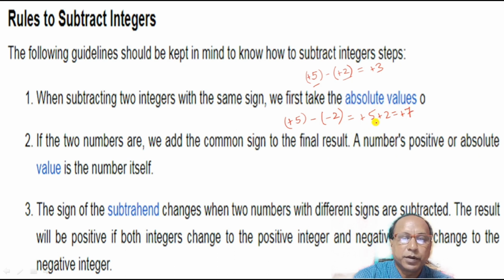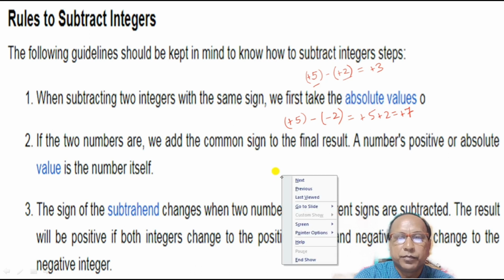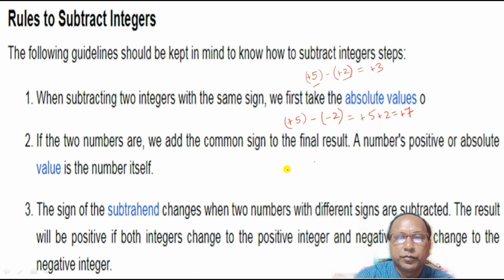The sign of the subtrahend changes when two numbers with different signs are subtracted. The result will be positive if both integers change to positive integers, and negative if they change to negative integers. Suppose number 1 is plus 5 minus plus 2.